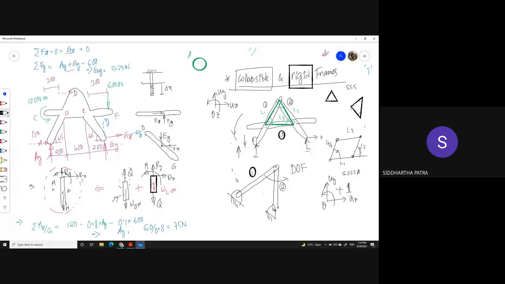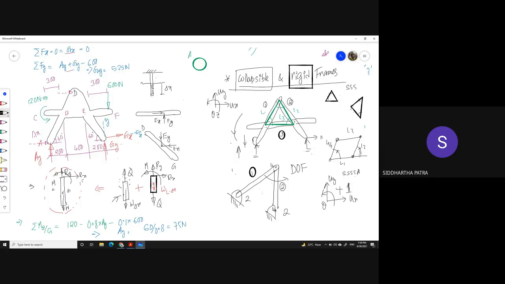But when we are dealing with flexible or collapsible frames, we have 4 unknowns, 2 from here and another 2 from here. And therefore, we cannot solve all the ground reactions completely just by drawing the free body diagram of the whole structure. So we do need to look into individual members for that.